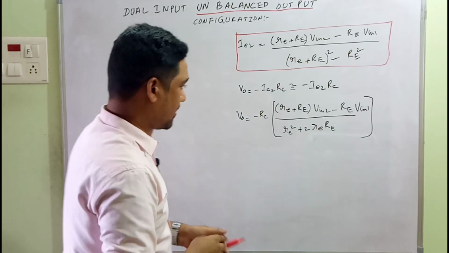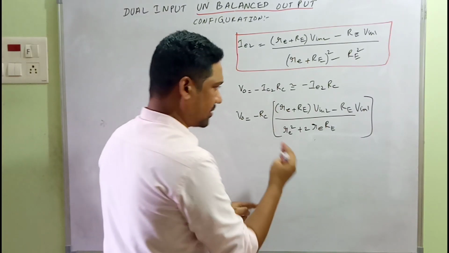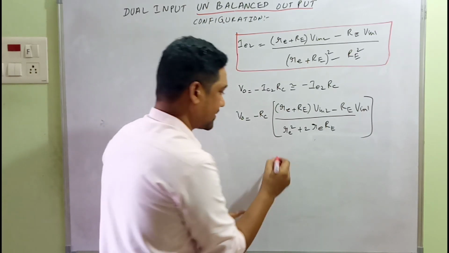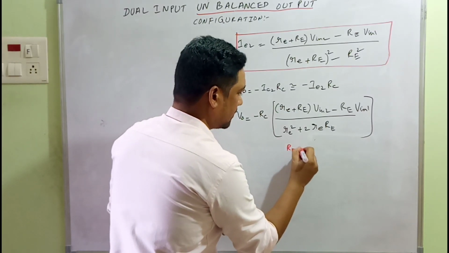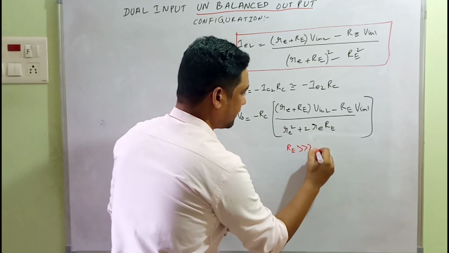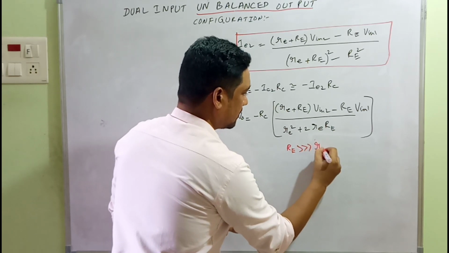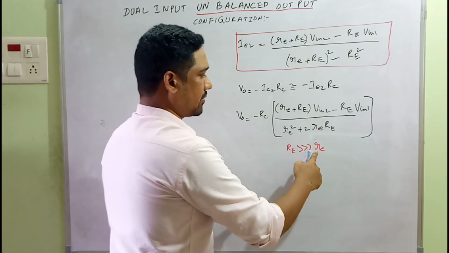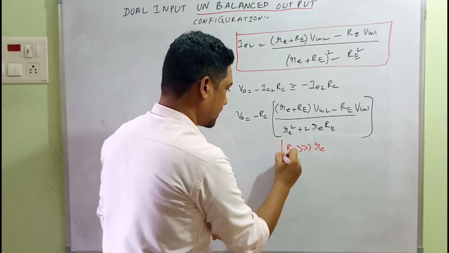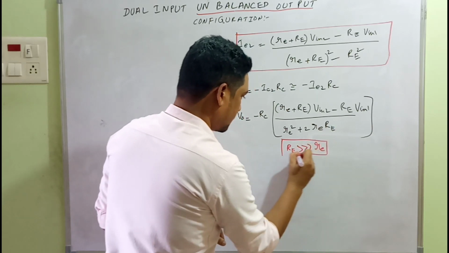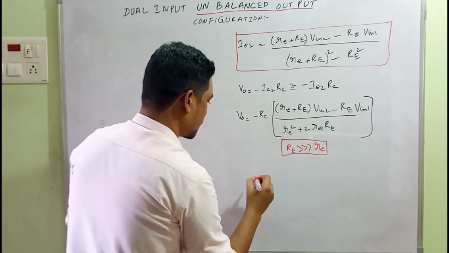Please focus. Some assumptions over here. No assumption, the reality is that practically RE will be very much larger when compared to the dynamic resistance of the emitter junction. So using this fact, we can reduce this one too.